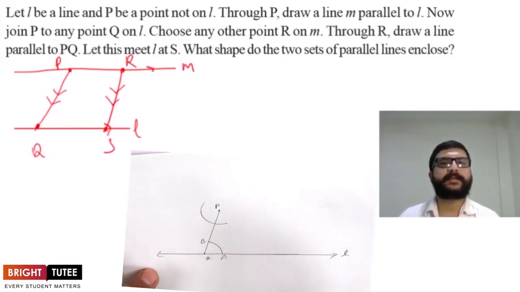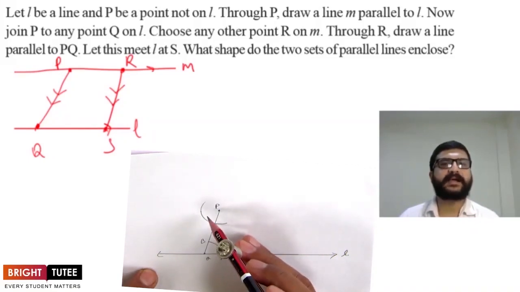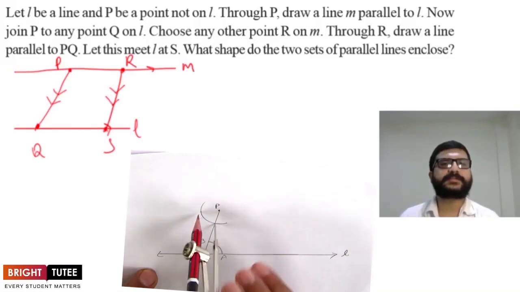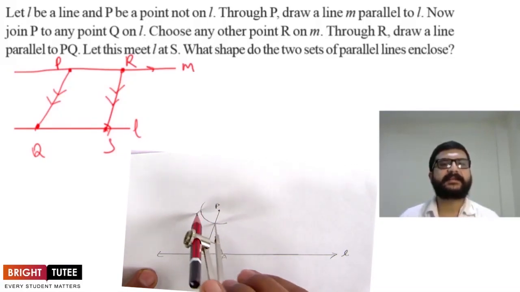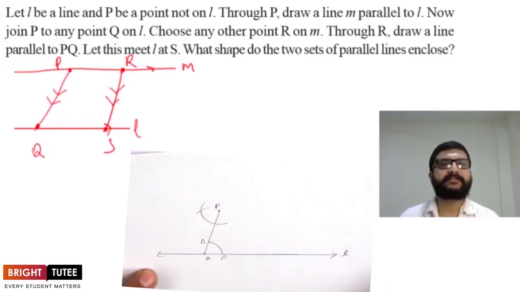Like this we can open the compass, and from the point of intersection of PQ and the arc we have drawn here, taking this point as a center, we have to make an arc which is intersecting this arc here. So it will be like this.